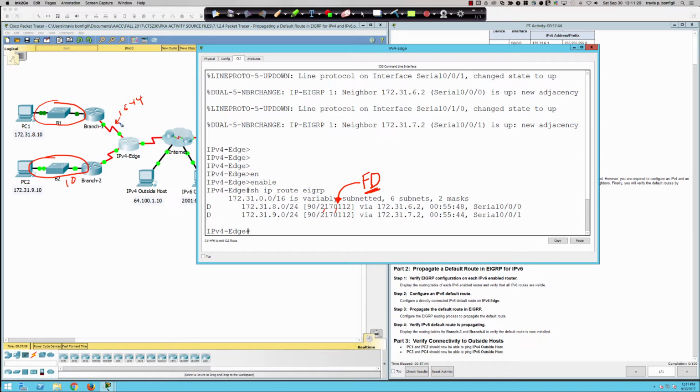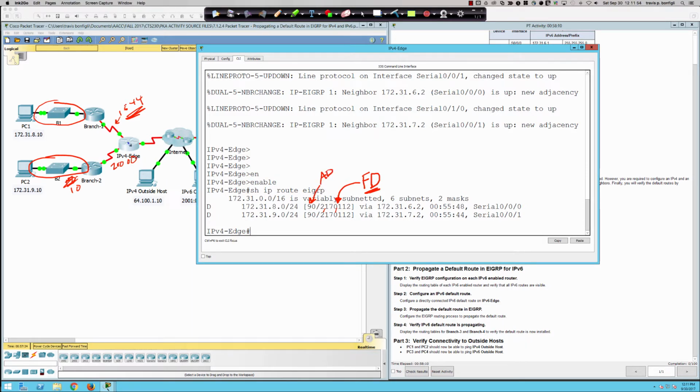So if we were going to be doing the equation, we would use that number for the minimum bandwidth, and then we would be taking a look at the delay values for each of those interfaces. If I remember correctly, it was 10 for the gig link, and I think it was 20,000 if I'm not mistaken.